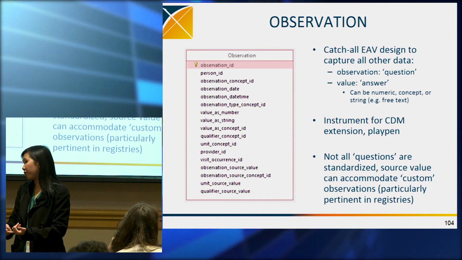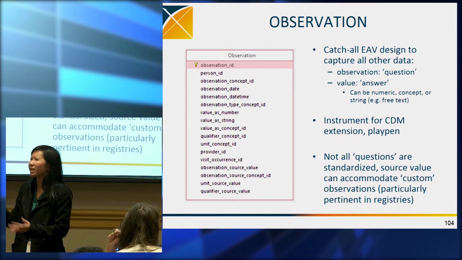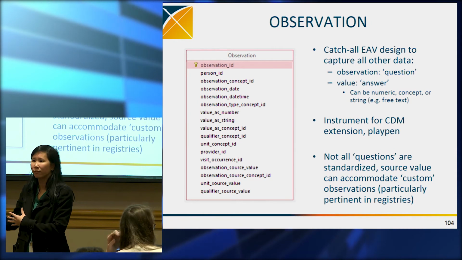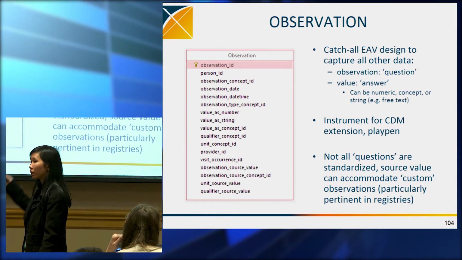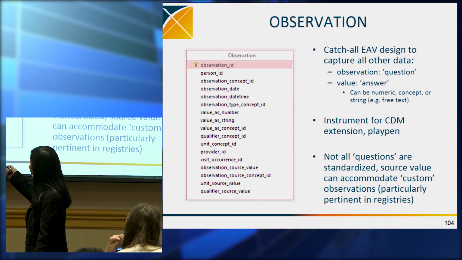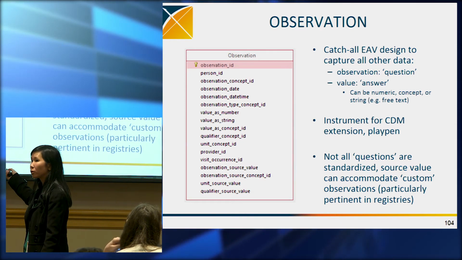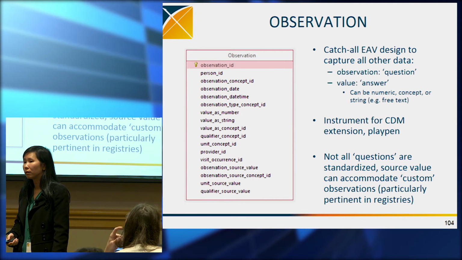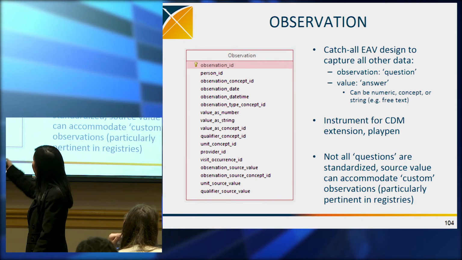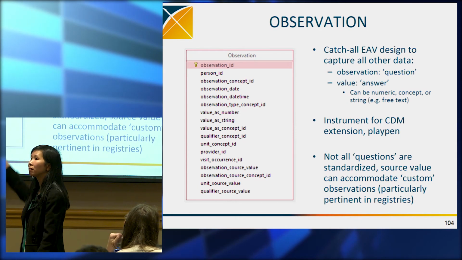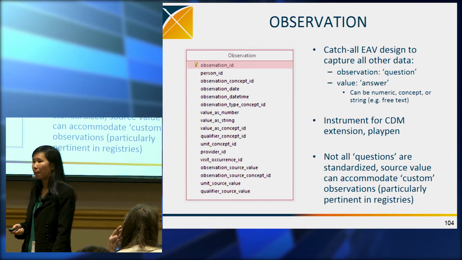Or if they write, I don't smoke, or they write something else as a text value that doesn't match any of those, then that would go into value as a string. And whatever your answer is also stored down here as the source value. So we don't capture the smoking as a category. No, you capture it as the observation concept ID. Okay? Thanks.